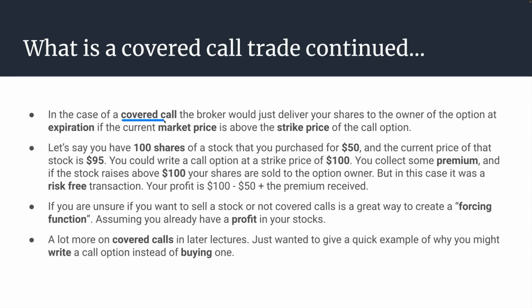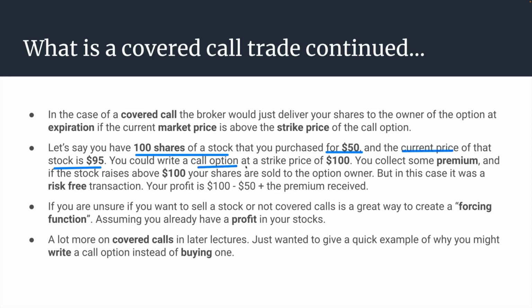Once again, in the covered call situation, if the current market price is above the strike price at expiration, you will have to deliver shares to the owner of that call option. Let's look at the economics of that. Let's say you have 100 shares of stock that you purchased for $50 and the current price of the stock is $95.